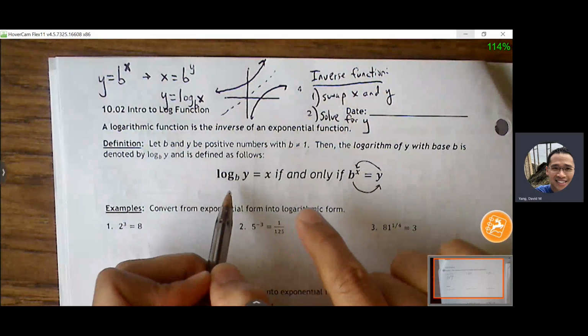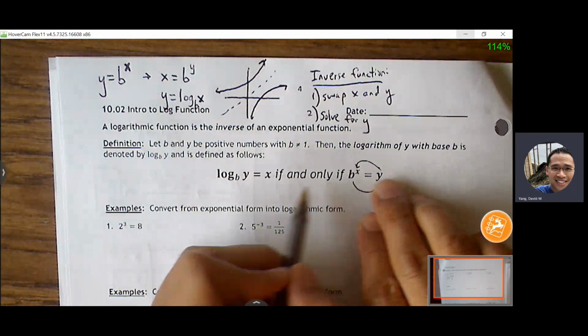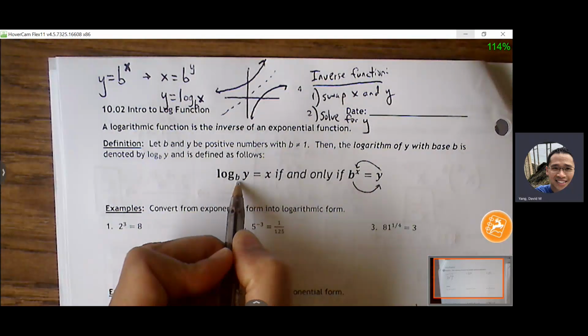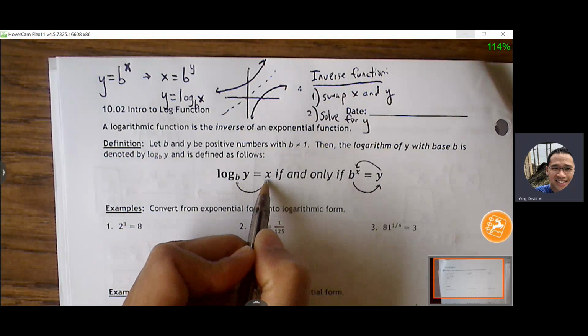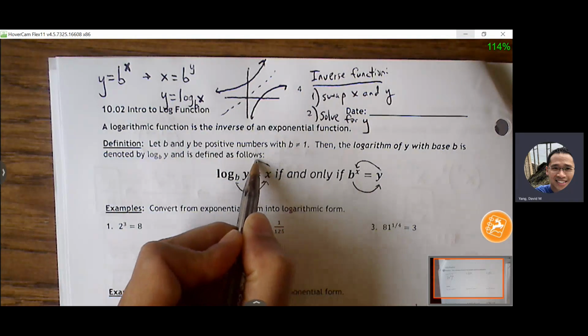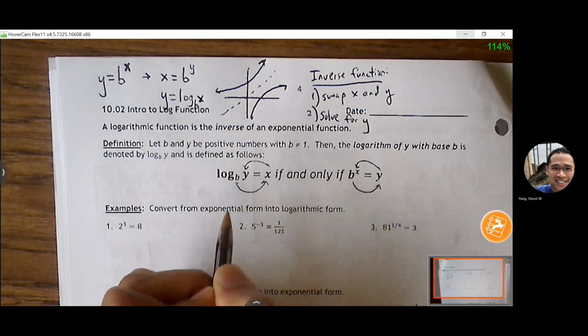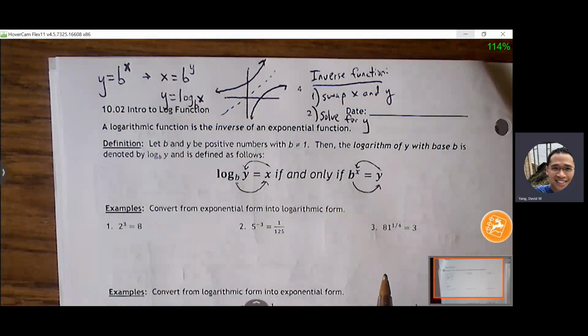Same idea here. If I'm trying to get from log form to exponential form, I'll start here as the base, and I'll say b raised to the x is equal to y. So we always start with the base, and from the base, we work our way in a circle surrounding that equal sign.